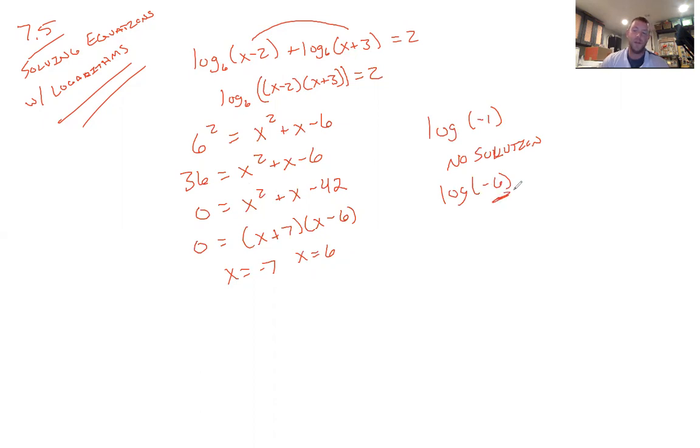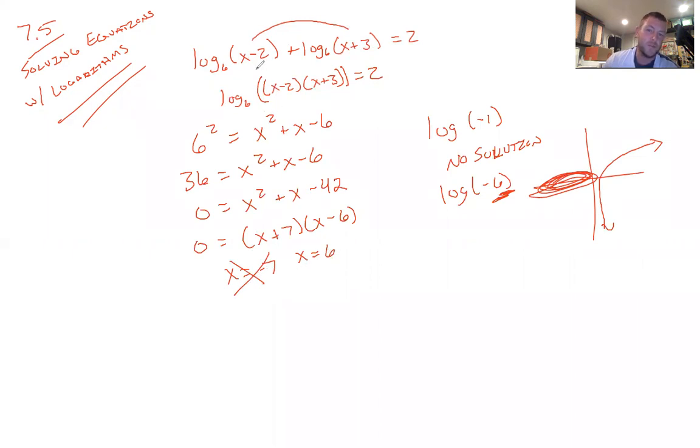If you remember what the graph looks like, notice the domain: you can't do any negative values. So you need to make sure that if I plug these in, I cannot have a negative number in the logarithm. If I plug negative 7 in, negative 7 minus 2 would be negative 9. So this automatically doesn't work.